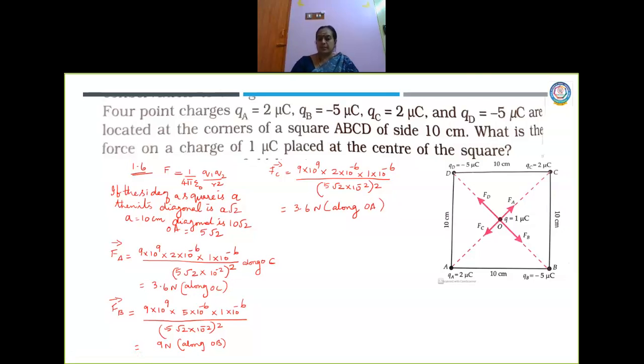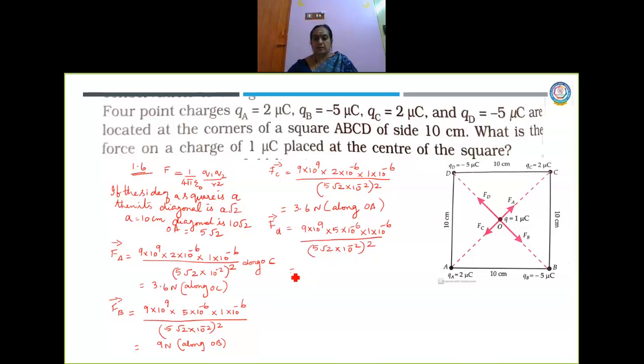Okay. Next is FD. So again substitute 9 into 10 power 9 into 5 into 10 power minus 6 into 1 into 10 power minus 6 divided by again 5 root 2 into 10 power minus 2, the whole square.